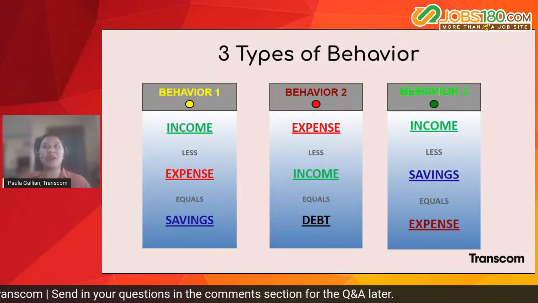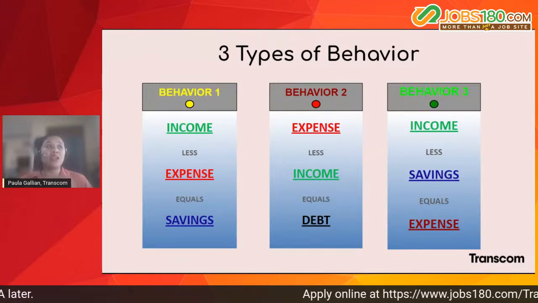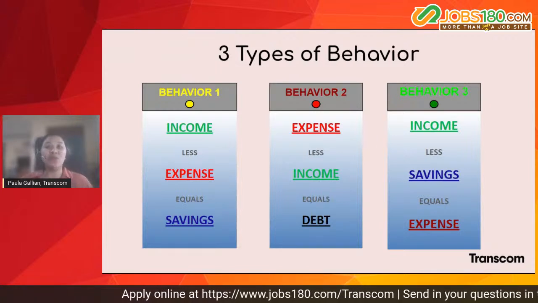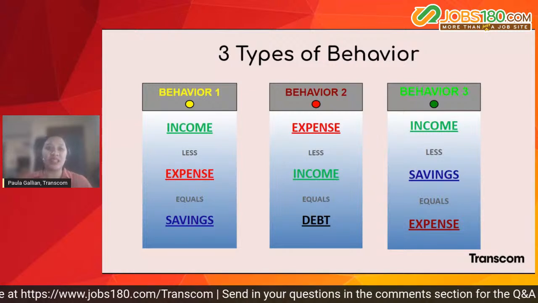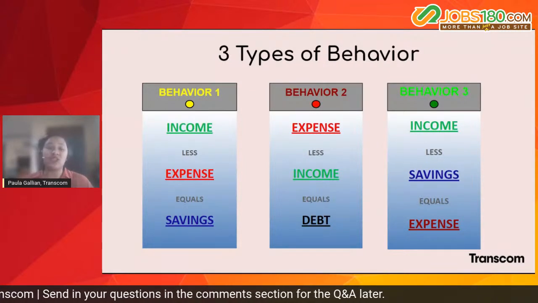So it ends up, sige, bawi na lang ulit next sahod. Until such time na hindi mo na siya na-manage ng maayos, nakalimutan mo nang mag-save. But of course, behavior 2 is not good as well. It's because inuna mo muna expenses before your income, so it ends up you have your debts, or magkakaroon ka ng mga utang, which means you will not be able to achieve financial freedom.